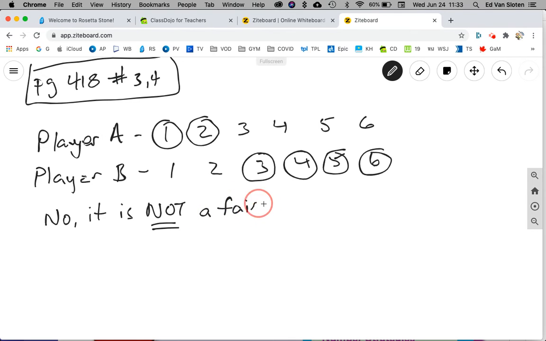So I think the book is missing something there. Very good job of recognizing. And then you would say player B has 4 chances of winning. Player A only has 2 chances of winning. So player B is going to win almost all the games. And you would write that.